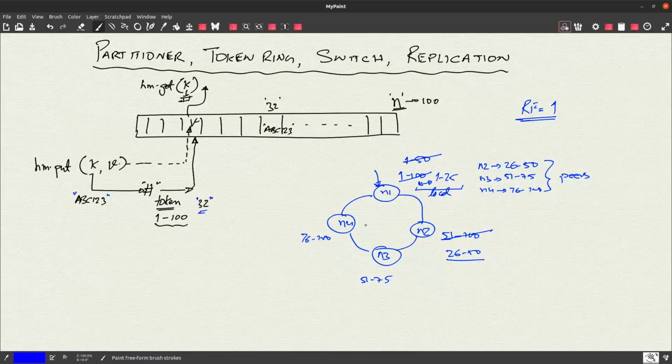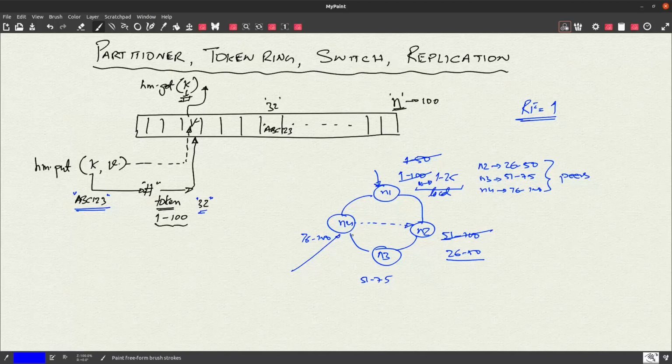So now imagine if for this insert statement, I contacted N4. What do you think it's going to do? Hash token 32. It looks up its system.local. Is it responsible? No. System.peers. Oh yeah, indeed. Looks like 32 token is between 26 and 50. And hey, N2, I got some data for you. Take it.